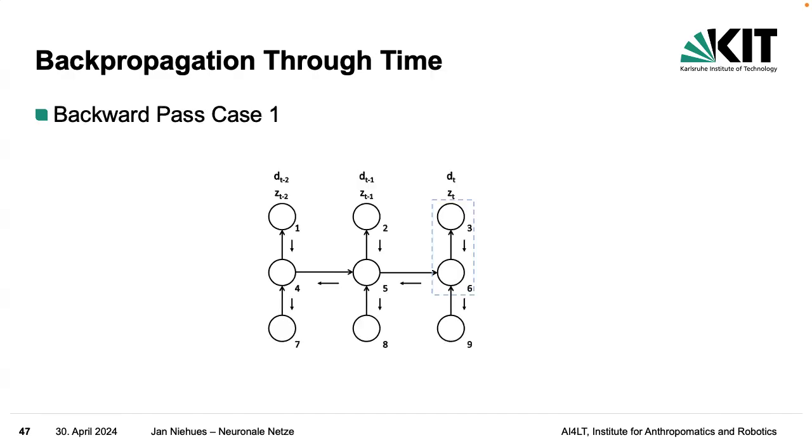Then we are doing the backward pass, and there we want to look at a few different cases. First, have a look at the very easy and straightforward case. That is the case here between 6 and 3. When we calculate the backpropagation, we have one output, and that is calculated the way down.